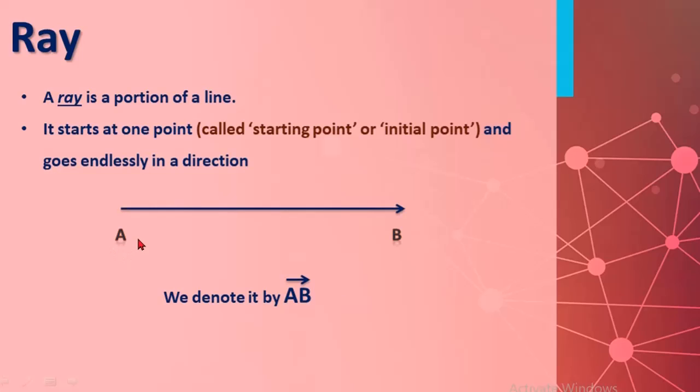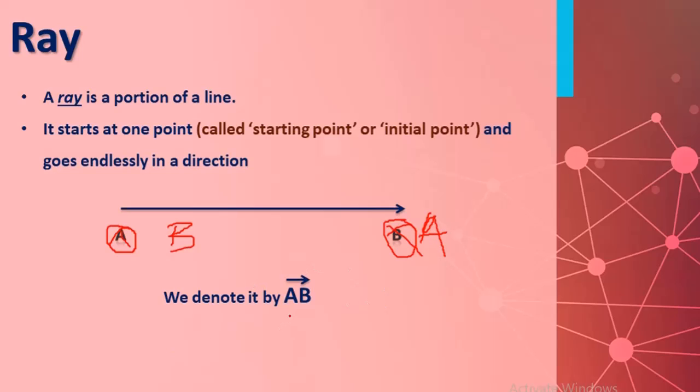Suppose this point would be B and this point would be A, then how can we write this ray?